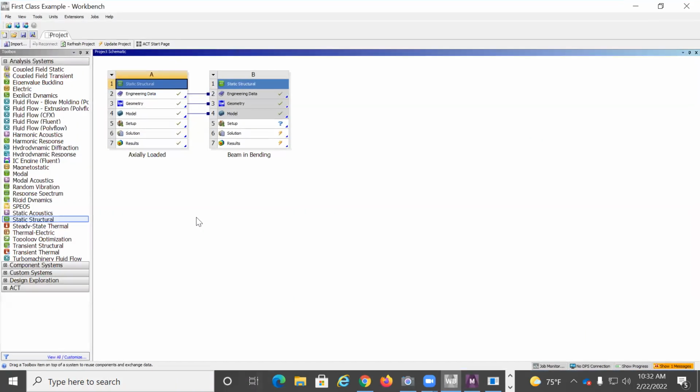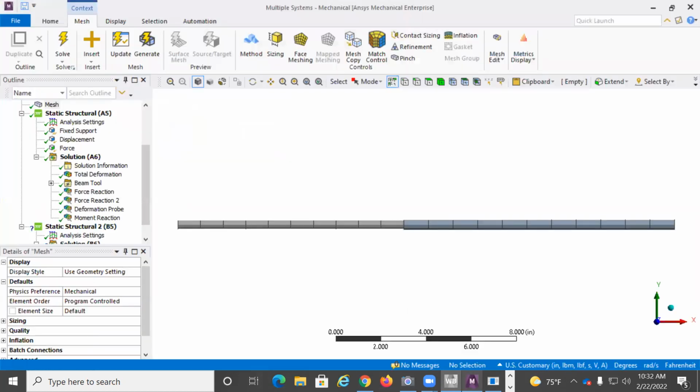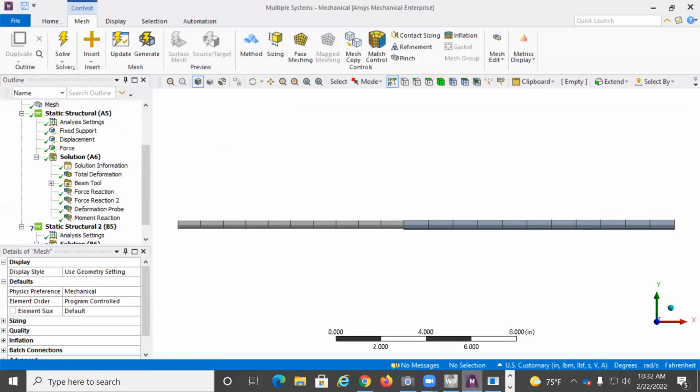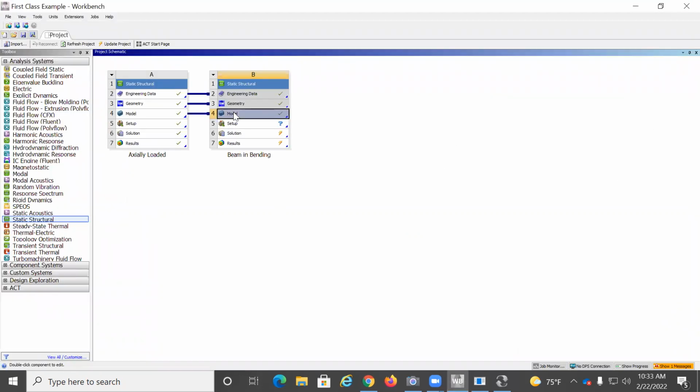Oops. So now if I go to the beam in bending and double click the model, what's this?